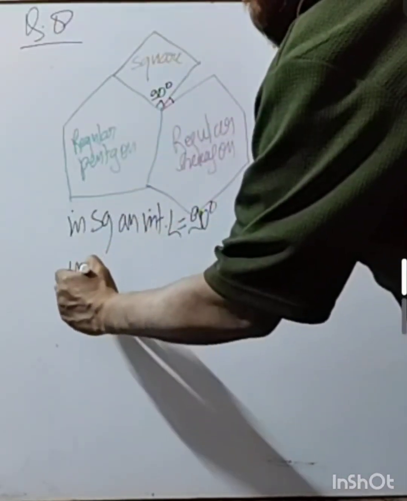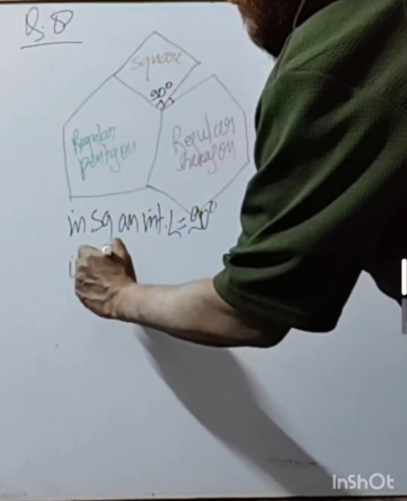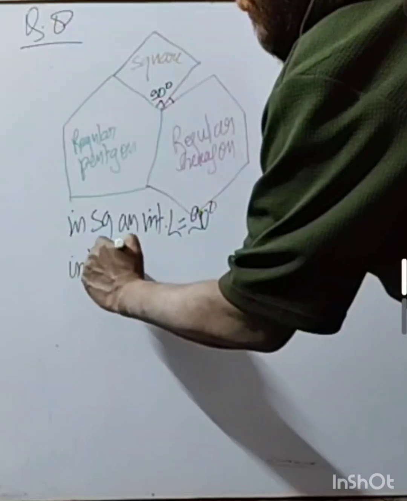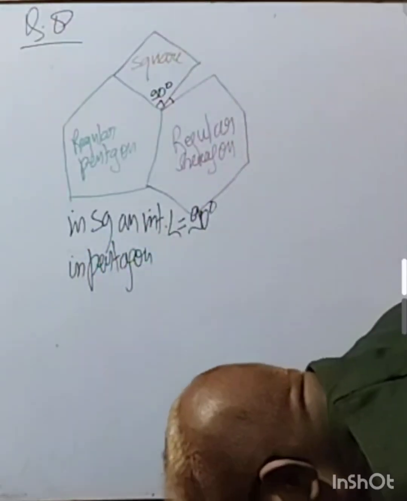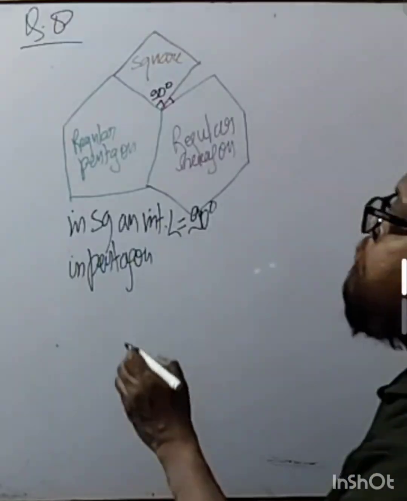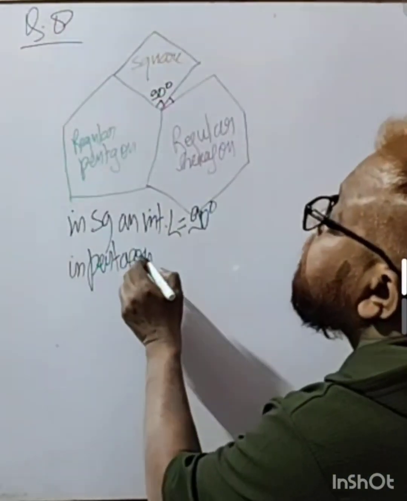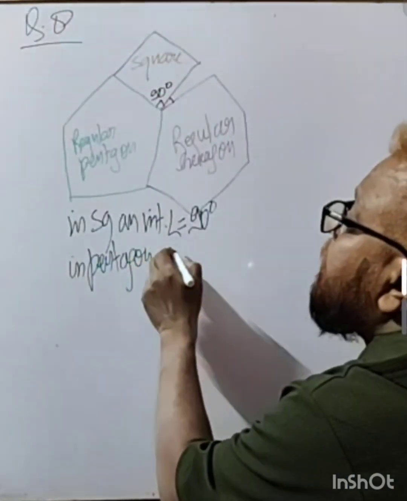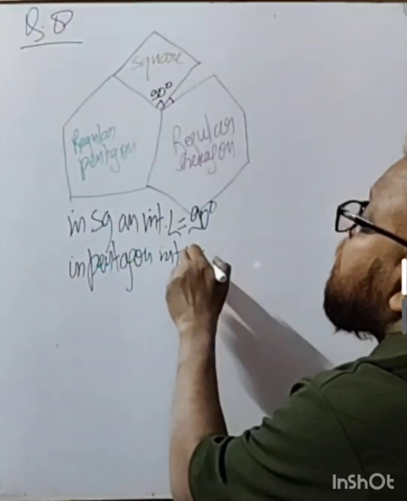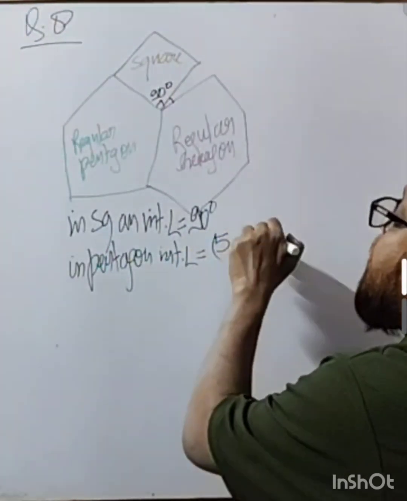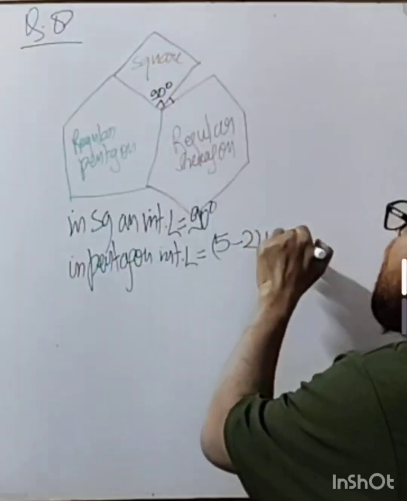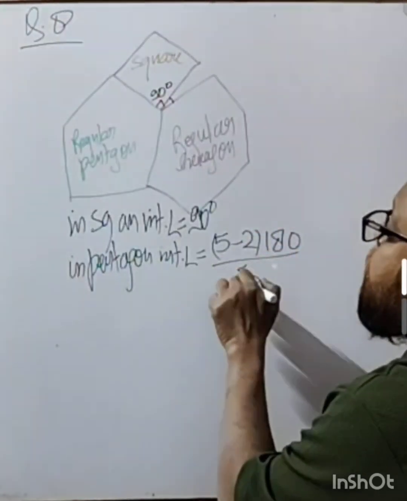In a pentagon, the interior angle is equal to (5 minus 2) into 180 upon 5.